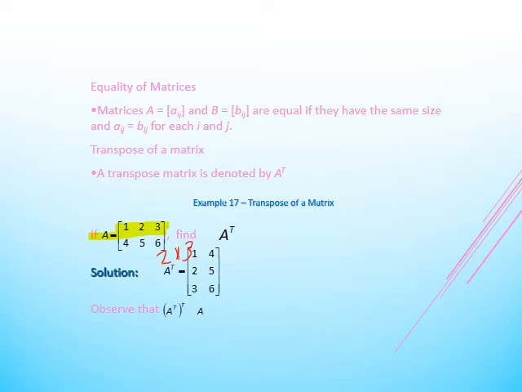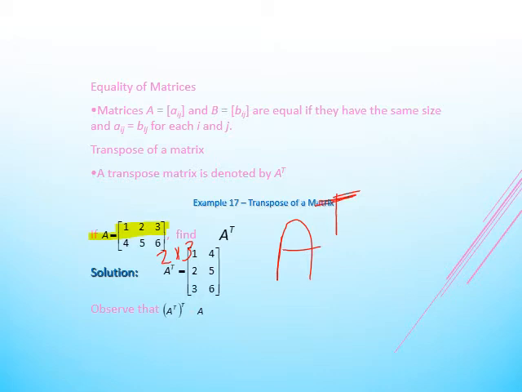Now, if we want to get A transpose, A to the power T, this means the transpose of the matrix. Simply, transposing means that we transfer the columns to rows and the rows to columns. You just transfer them, and all the numbers and all the signs are the same.